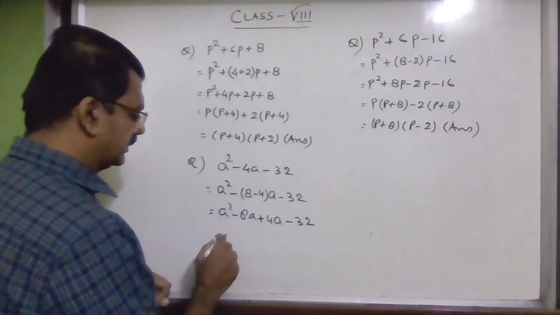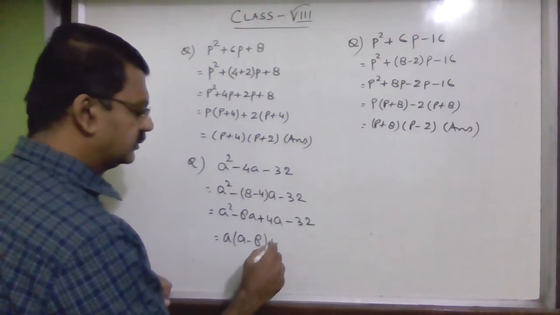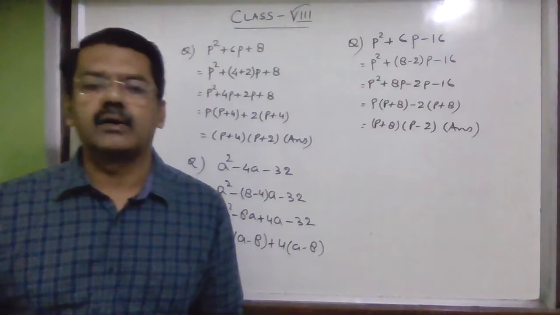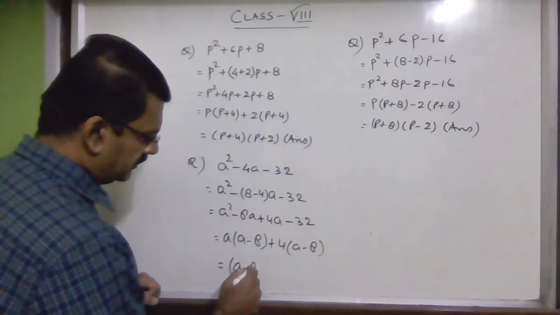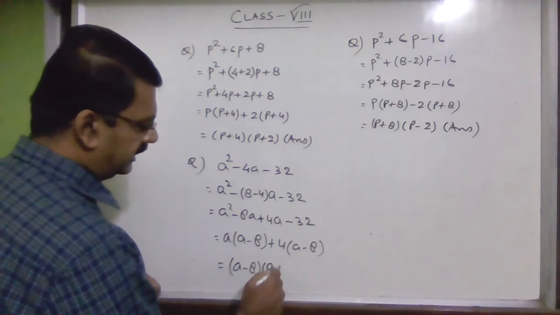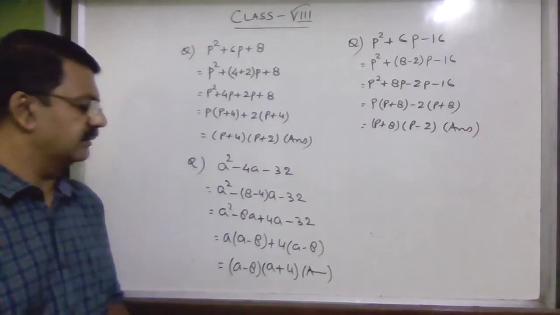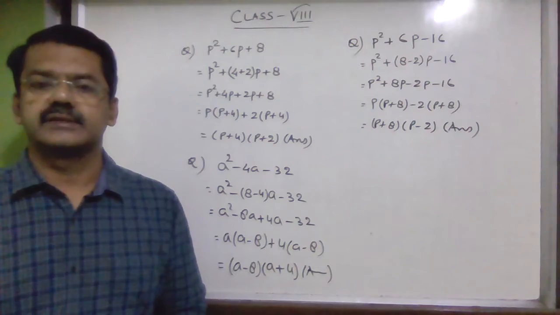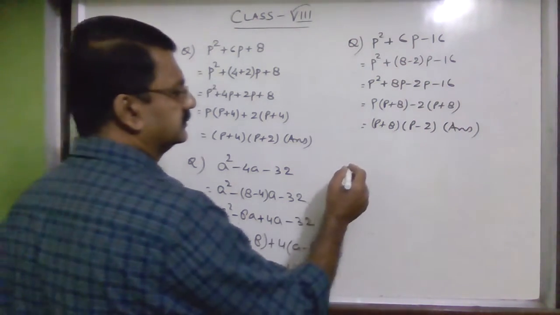Now from the first two terms you take a common and from the next two terms you take 4 common. Now you take a minus 8 common from the two parts, then in the bracket you will have a plus 4 and that is your answer. A minus 8 into a plus 4, that is your answer. Clear? Next question.